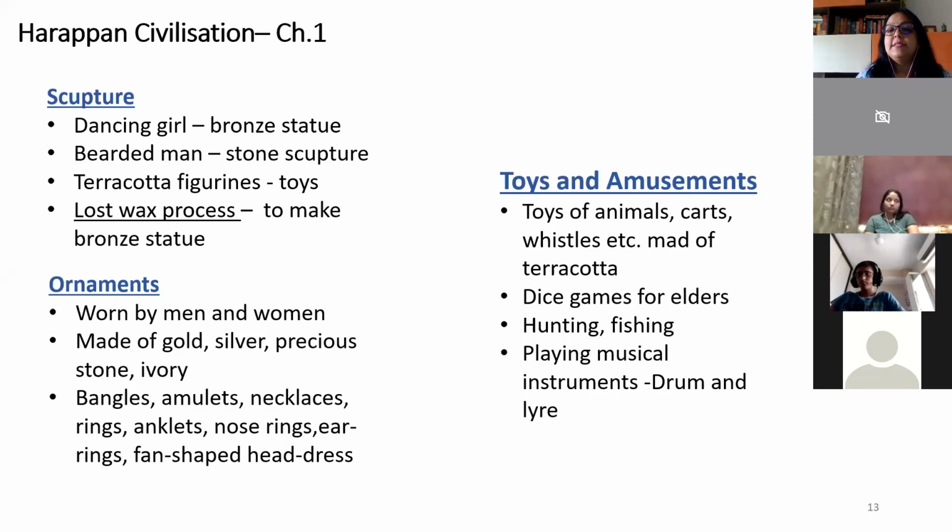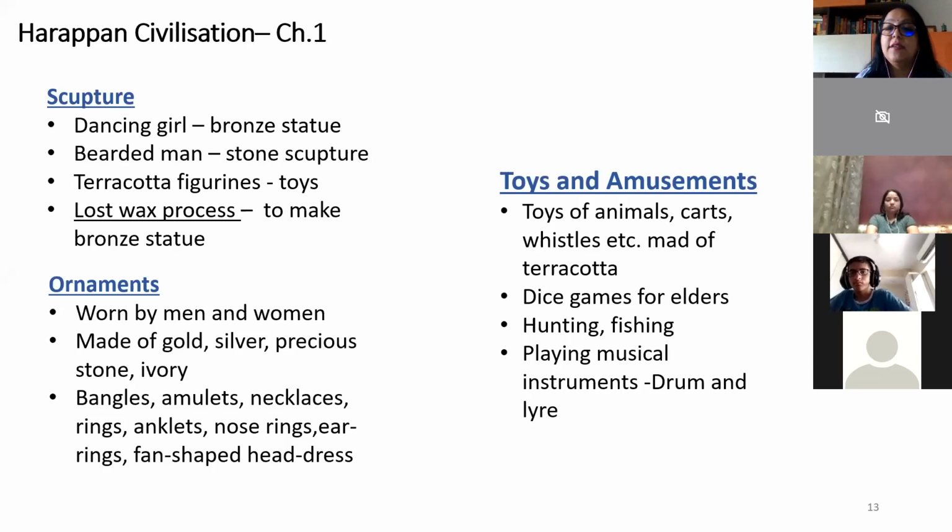Now, what ornaments we have already discussed, both men and women wore, and they wore all sorts of ornaments on every part of the body, whatever ornament you can wear: nose ring, earring, headdress, necklaces, amulets, bangles, anklets, waistbands, whatever you can wear, everything was worn. Okay, and which metal did they use to make all these ornaments?